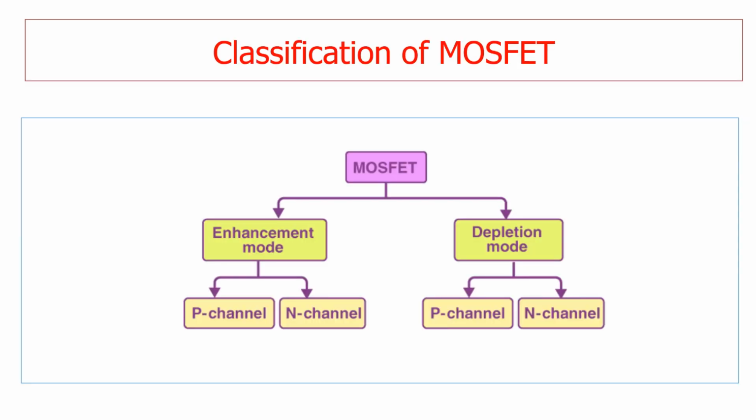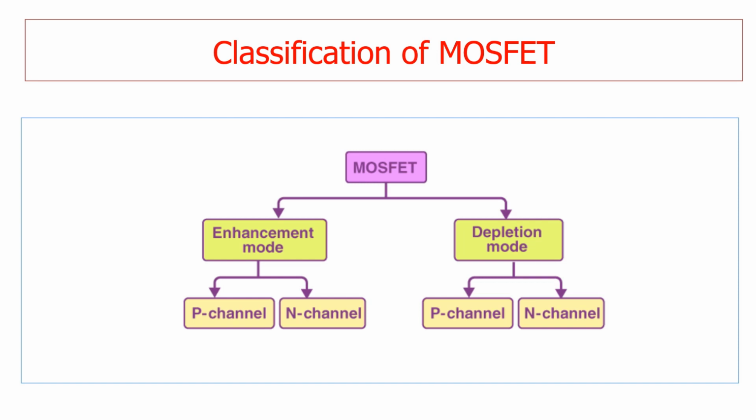There are two types of MOSFETs: one is the enhancement mode MOSFET and the other is the depletion mode MOSFET. In the enhancement mode of operation, the bias voltage on the gate increases the number of charge carriers in the channel and therefore increases the drain current. In the depletion mode of operation, the bias voltage on the gate reduces the number of charge carriers in the channel and therefore reduces the drain current.